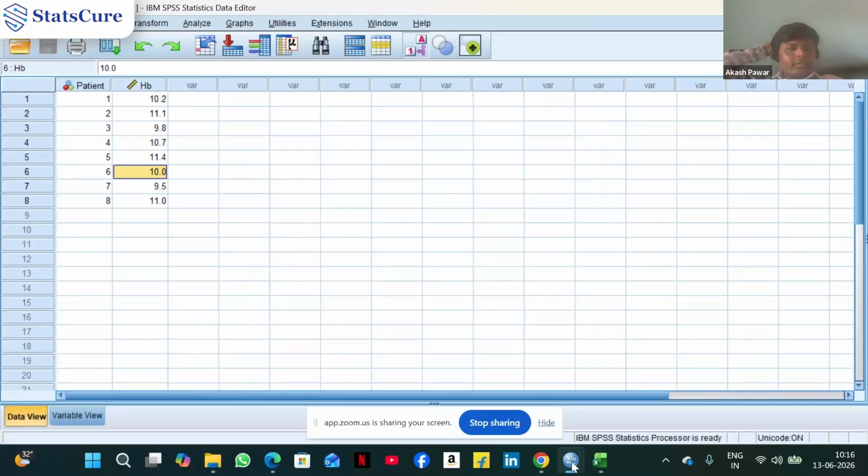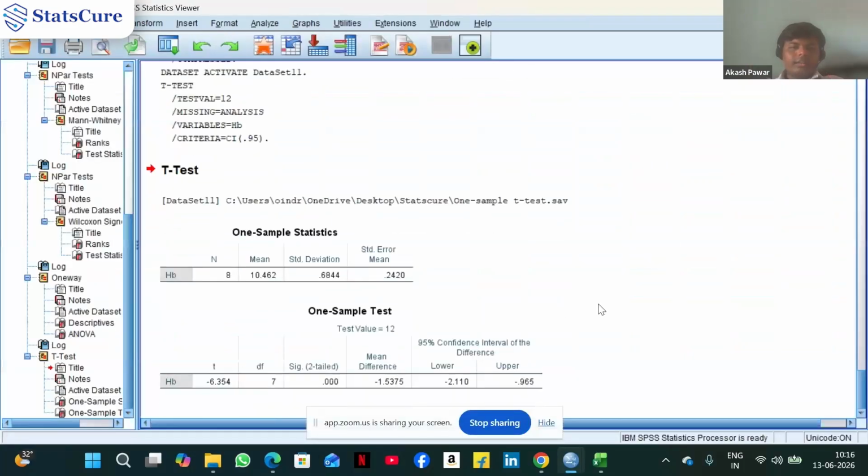So in the output sheet, you will see the output of the one sample t-test, where it has shown us the number of samples, mean of those samples, standard deviation, standard error mean. Then you can see the t-value calculated by default, degrees of freedom, which is used to calculate the p-value later. Significance two-tailed is the p-value here, which tells us whether the mean which we got, 10.462, is equal to or not equal to the reference value that we gave, which is 12.